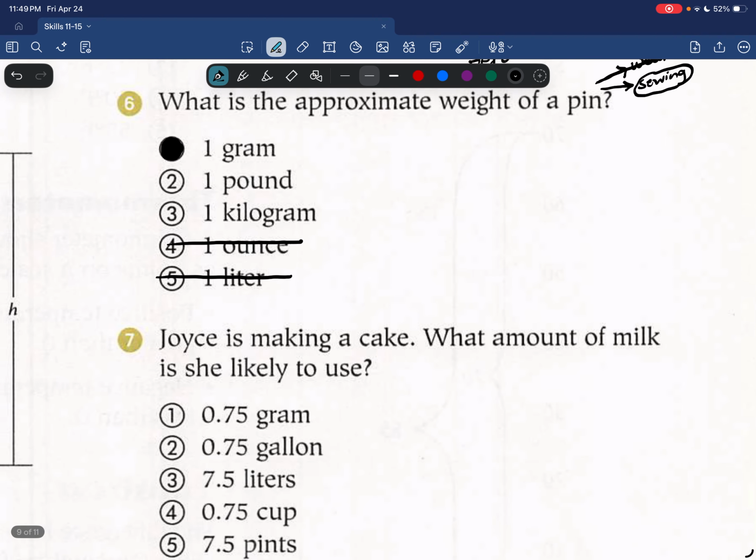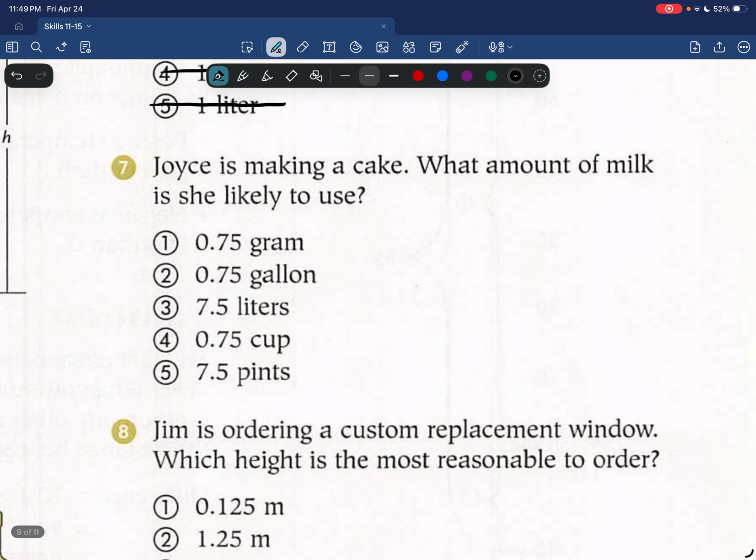All right, number 7. Joyce is making a cake. What amount of milk is she likely to use? Well, milk is liquid, so we can eliminate the gram. And we're left with 3/4 of a gallon, 7.5 liters, 0.75 cup, or 7.5 pints.